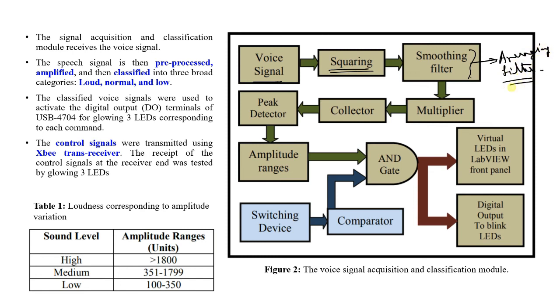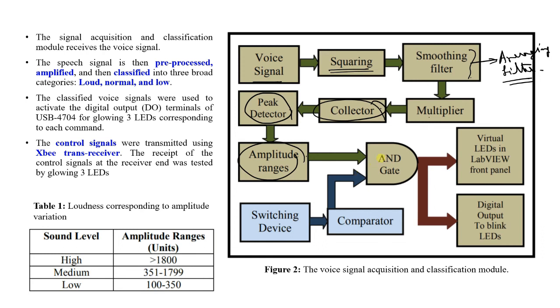Then a multiplier was used. Then collection of the signal components was done, and after this the peak detection was done, and from the peak detection we found out the amplitude ranges.